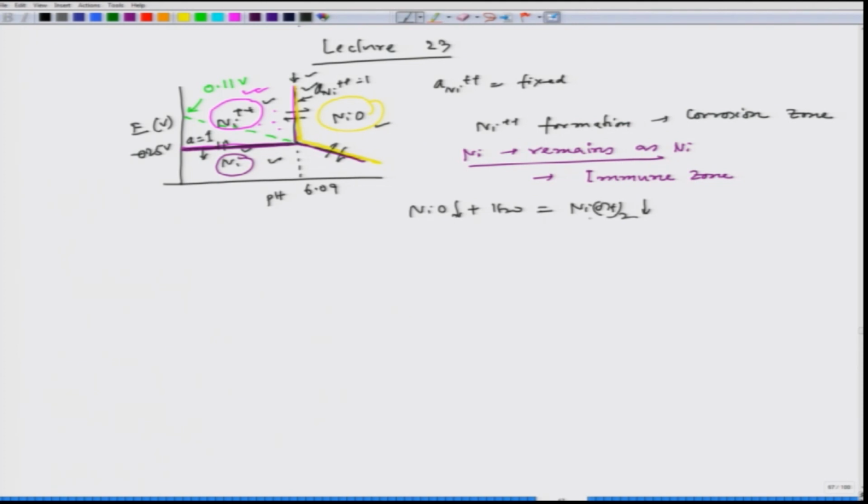Now, when it settles down on the nickel substrate, we have a covering of the nickel surface.